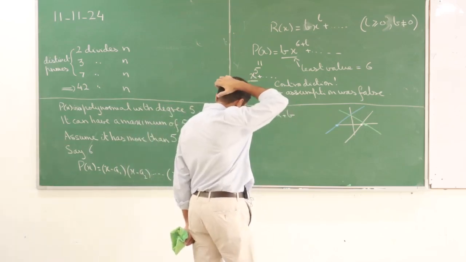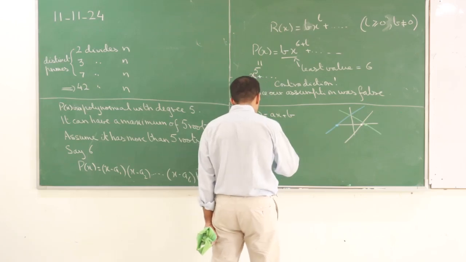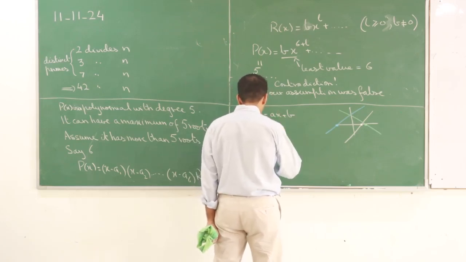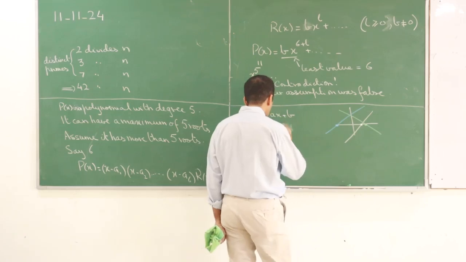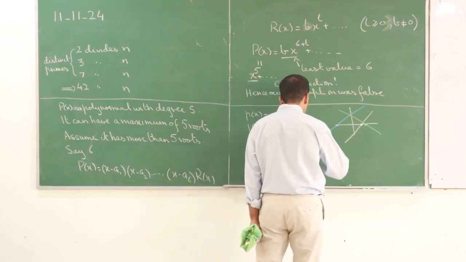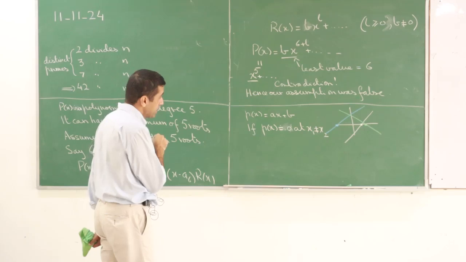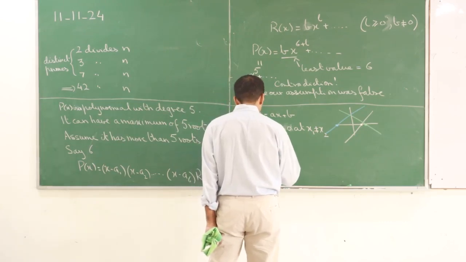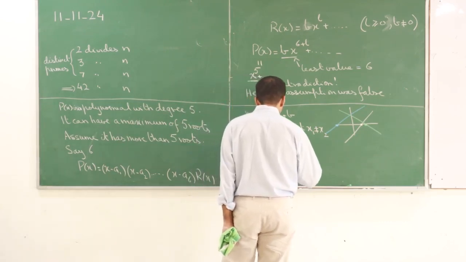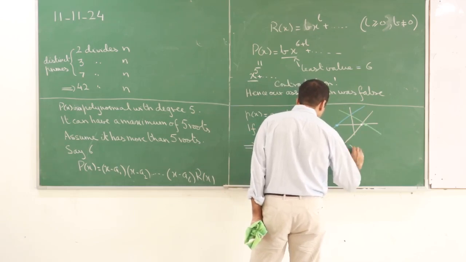Now if it turns out, for example, that p of x, which is a linear polynomial, is equal to 0 at two distinct x's, then the only option is that a equal to b equal to 0, i.e. p of x is identically equal to the 0 polynomial.